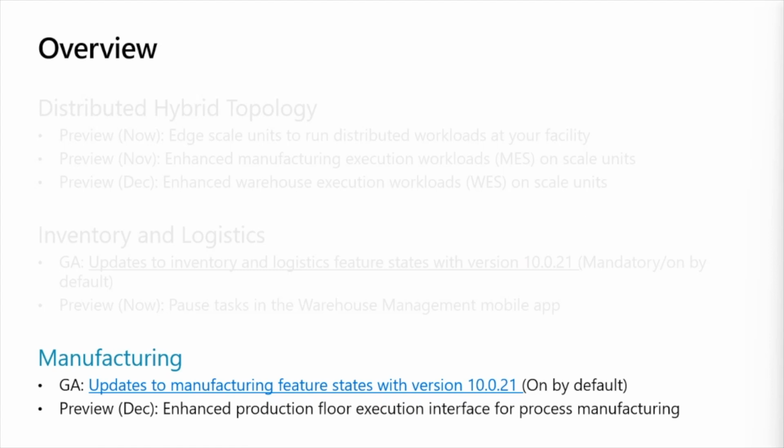The preview feature that we have for manufacturing is some enhancements to the production floor execution interface for process manufacturing. So this includes being able to report progress on batch orders, including co-products and byproducts, as well as being able to register material consumption, including your batch and serial numbers.